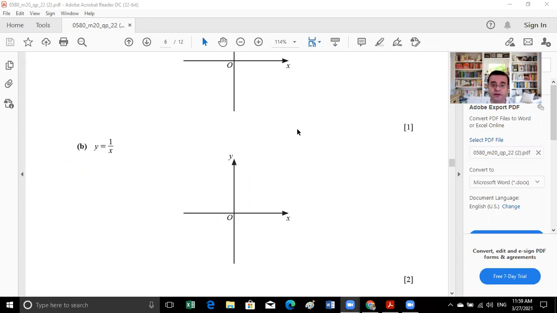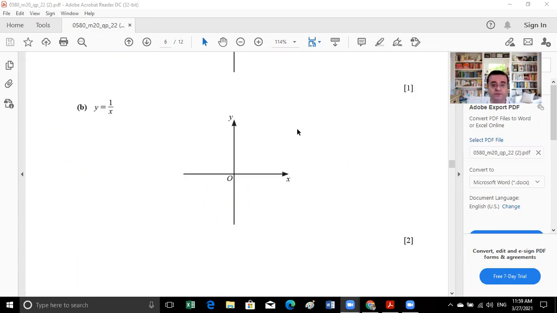Now we have this one. What do you do now? We do a table, and remember, we take more than 3 values. Take 3, 4, 5, no problem. This is x and this is y.